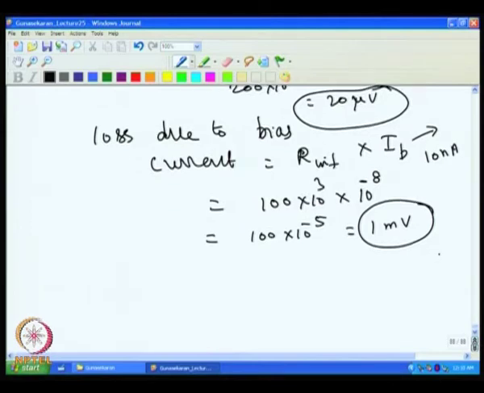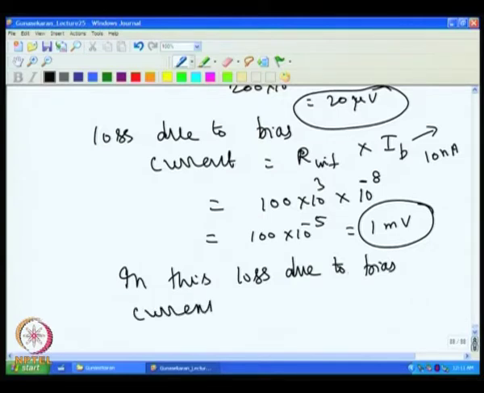So, in this case, the loss due to bias current is more than the input resistance loss.